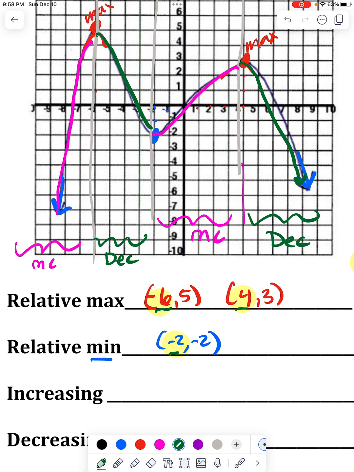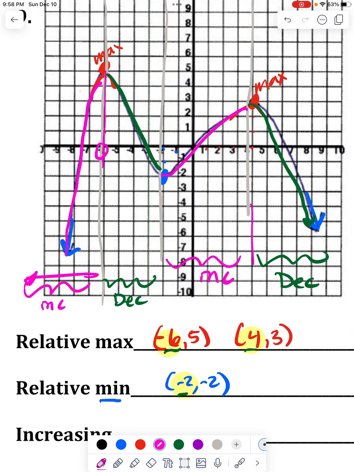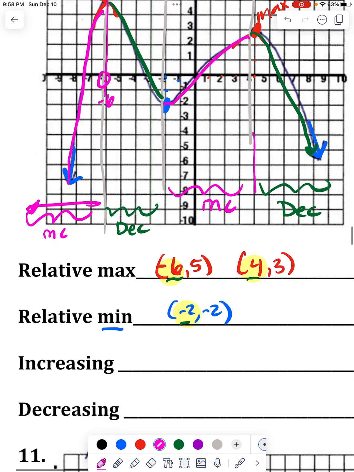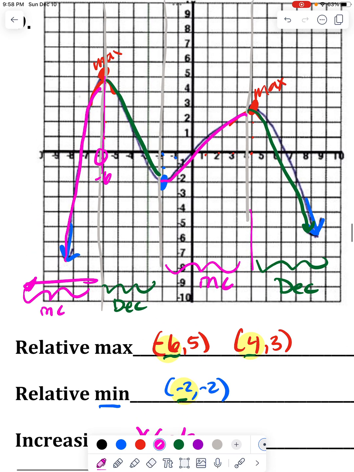So let's look at this area over on the left. This area, first of all, it goes forever to the left, but it has to stay less than the x part of that max because it's only to the left of this number, which is a -6. So I would describe that area as x less than -6. So meaning from here at -6 over to the left, this is increasing from left to right.